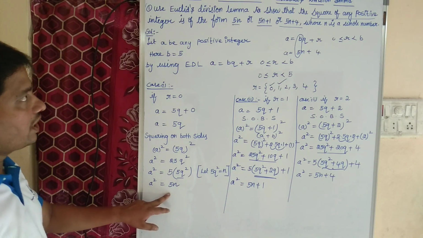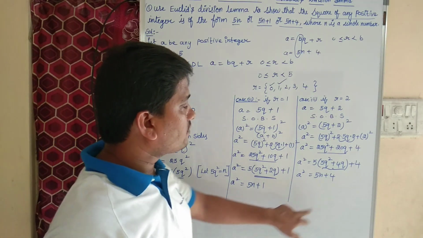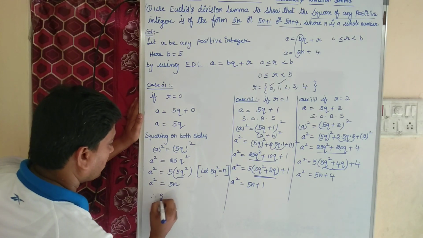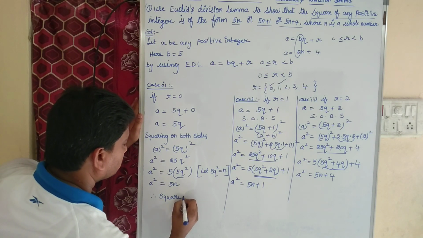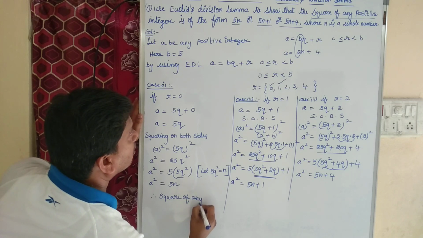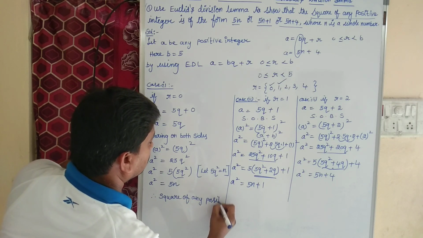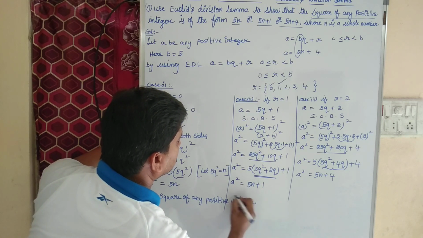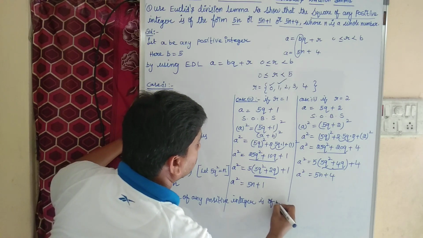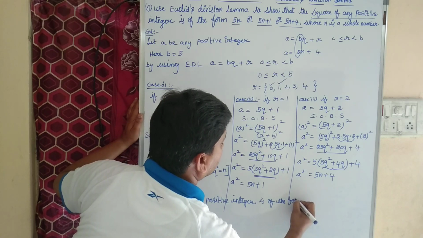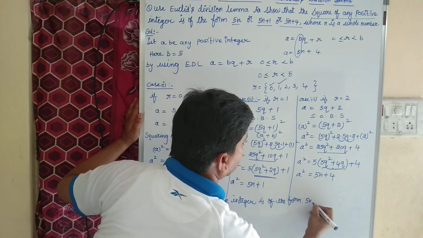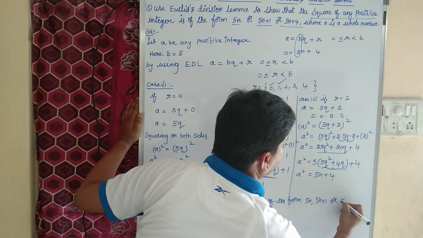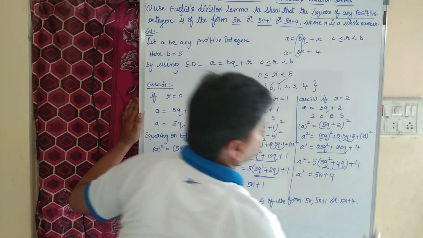See, first one we got 5n, second one we got 5n plus 1, third one we got 5n plus 4. Therefore the square of any positive integer is of the form 5n plus 1 or 5n plus 4.